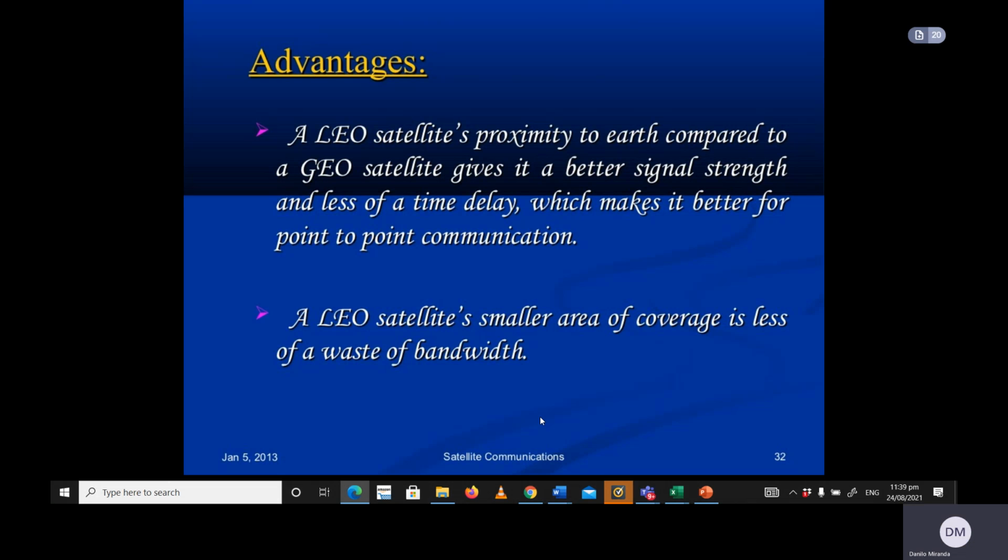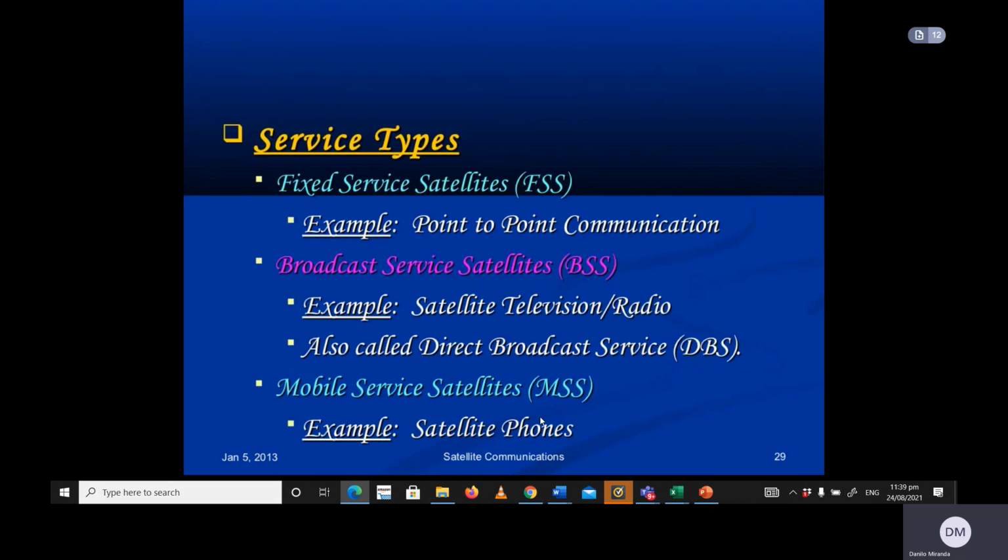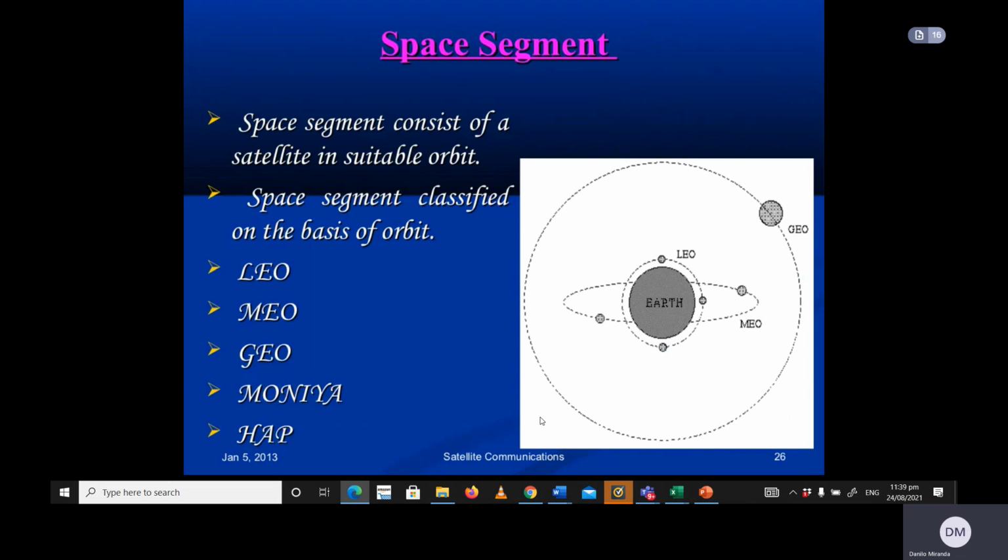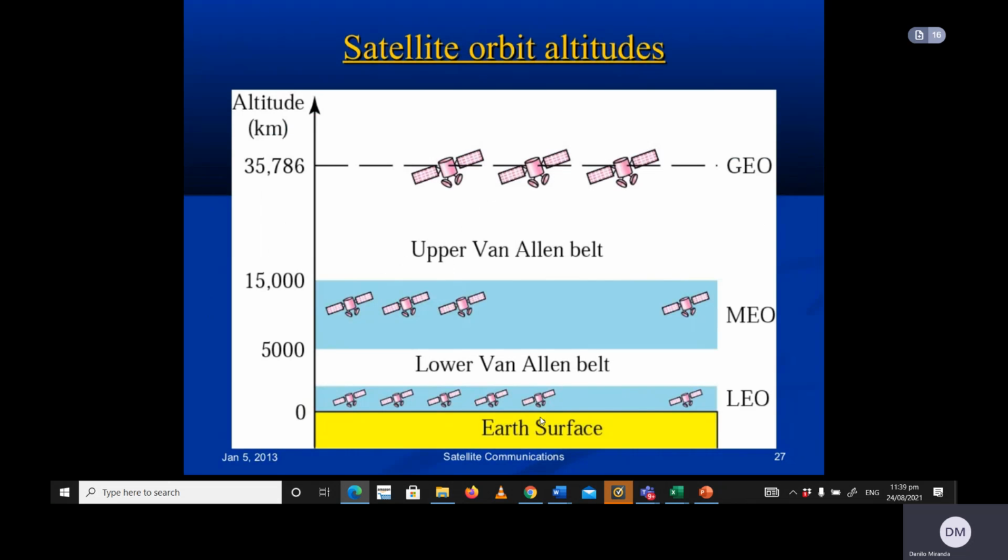The advantage of LEO compared to a GEO satellite is better signal strength because it is closer, unlike the GEO, which is the farthest, at 35,786 kilometers.